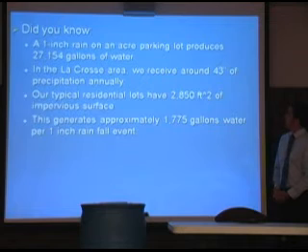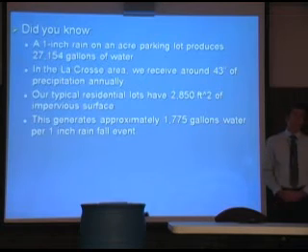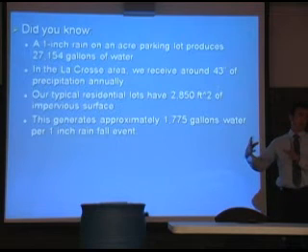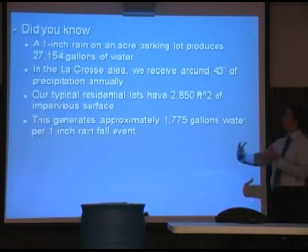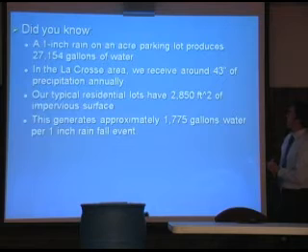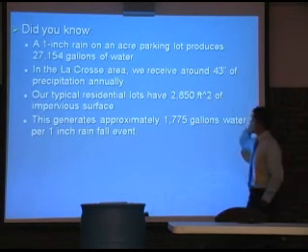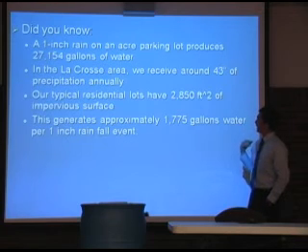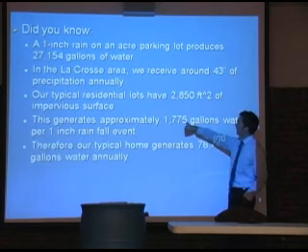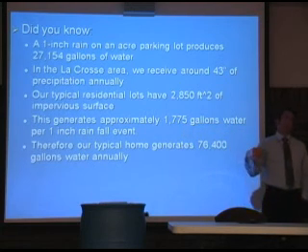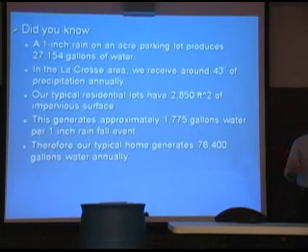An inch of rain on an acre parking lot produces 27,000 gallons of water. So you think about your use in a year, that 57,000 gallons. Our typical residential lots have around 2,800 square feet, which on a 1 inch rain event equals about 1,775 gallons of water that your roof produces.